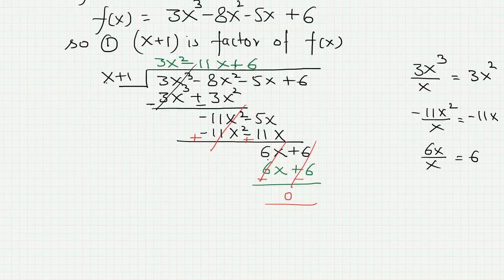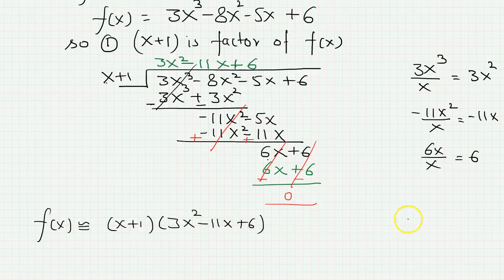So the factors of f(x) will be x plus 1, and another factor we have 3x squared minus 11x plus 6.